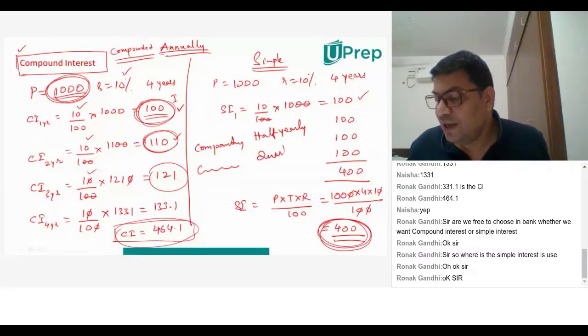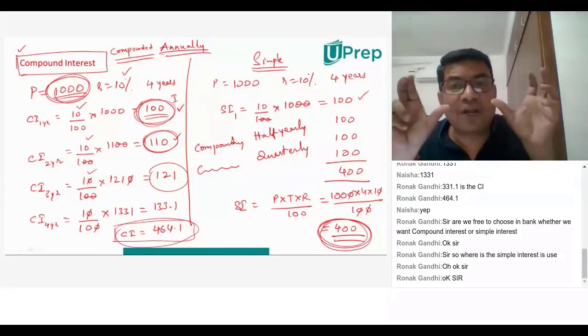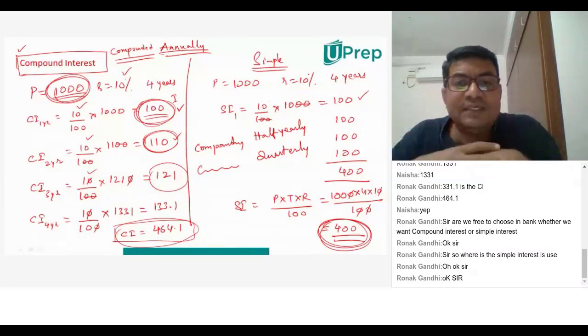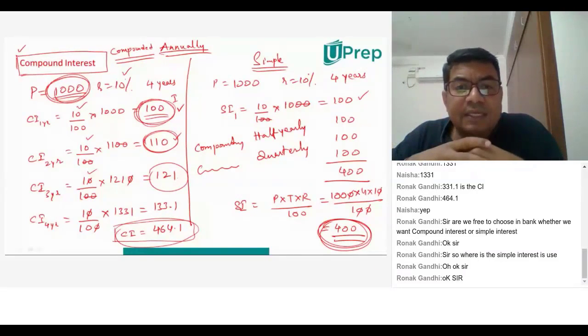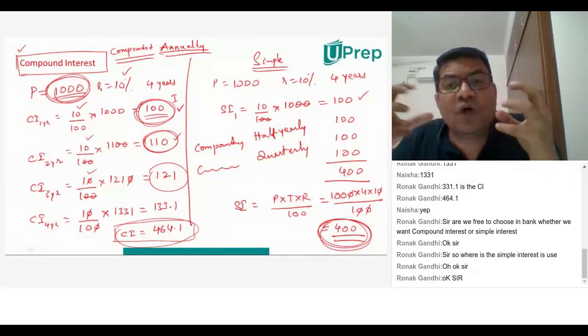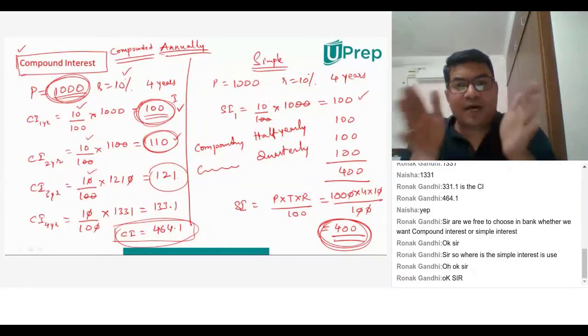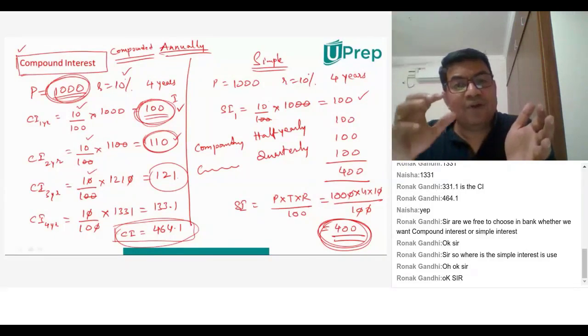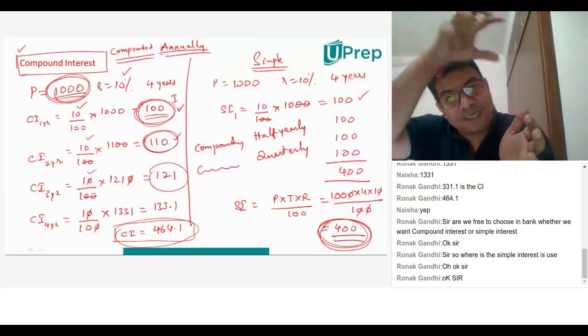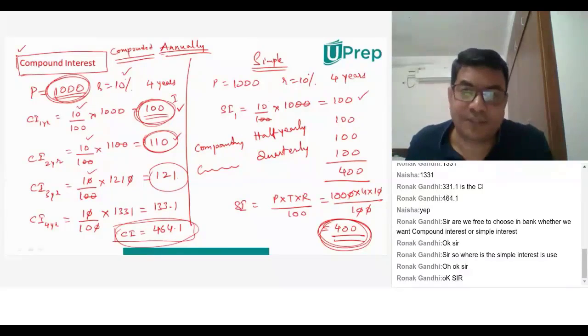Whenever you compound in a particular term. So compound interest is interest that comes not only on principal, but also on the interest earned in a particular term. Every term you earn interest, and when you calculate interest on the principal plus the interest, that is called compound interest.